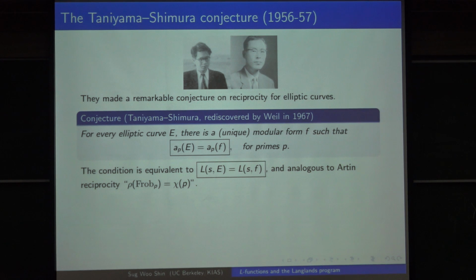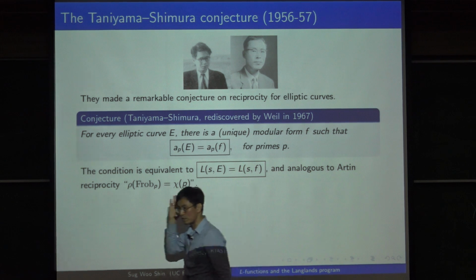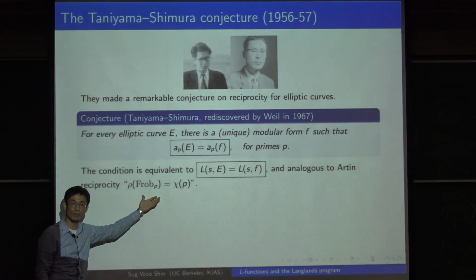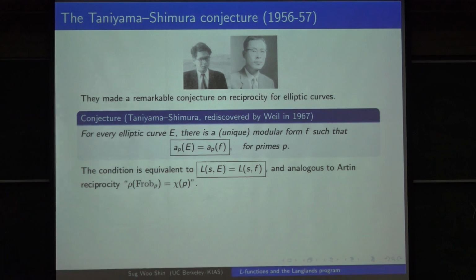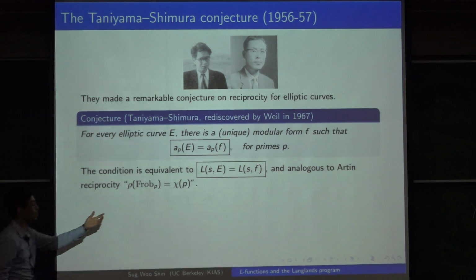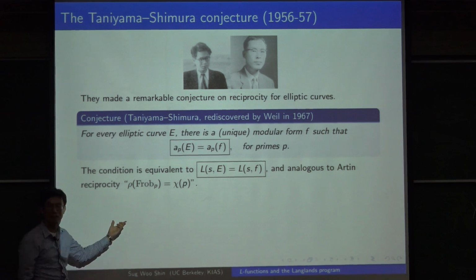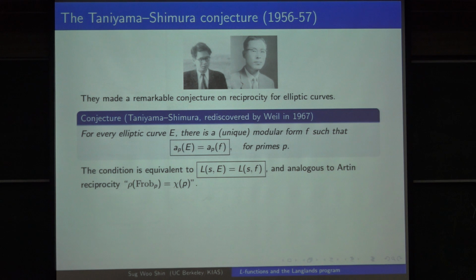Well, but formally, you see that this is also analogous to Artin reciprocity. Rho of rho p is equal to chi of p. You have seen this in the case of cyclotomic fields earlier in my talk. And that equality was used to precisely imply that Hecke L-function is equal to Artin L-function in dimension 1.